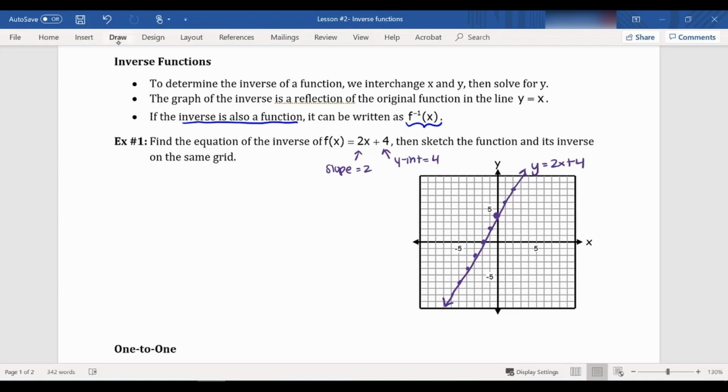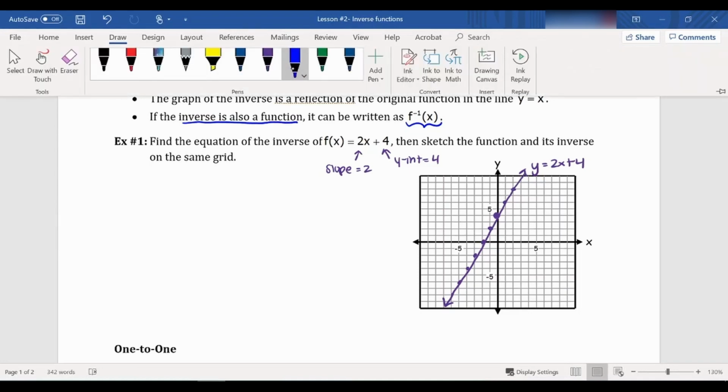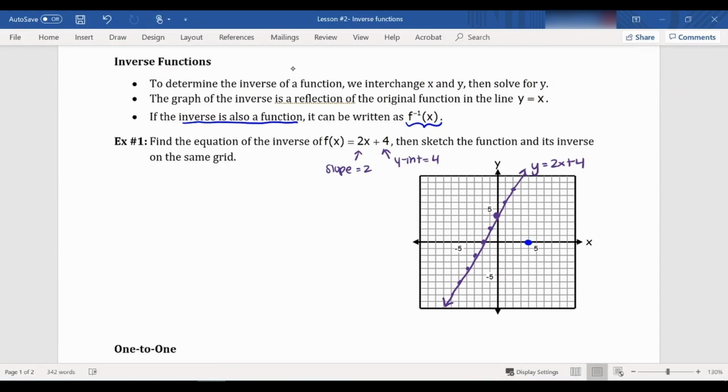So for example, I have a point at 0, 4. So my new point would be at 4, 0. So my y-intercept becomes an x-intercept. I also have a slope of 2 here. On my inverse, my slope would be 1/2.